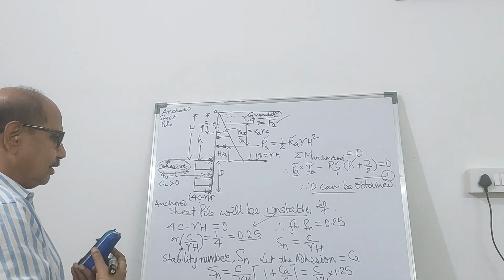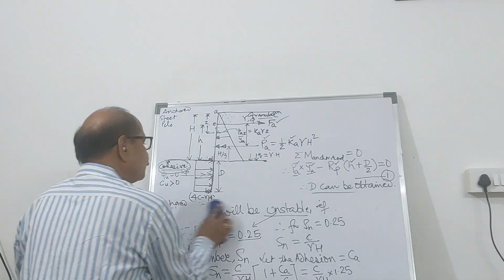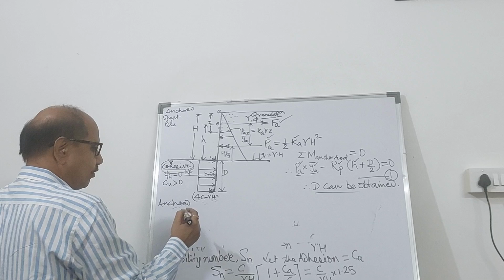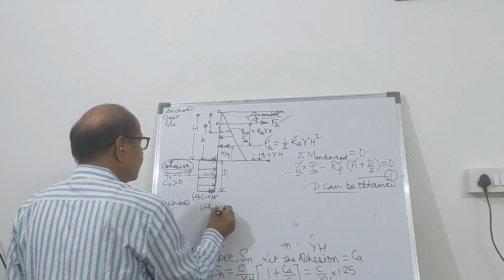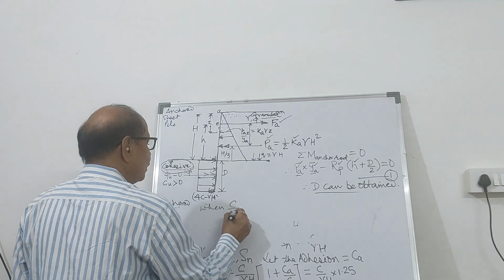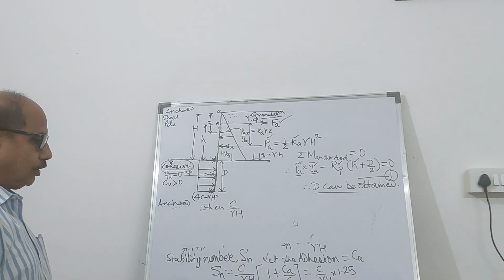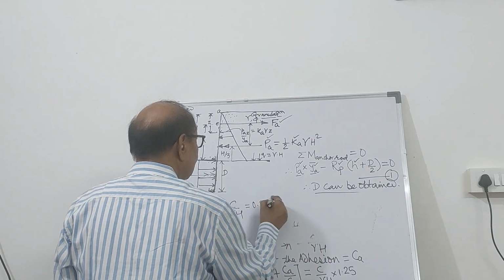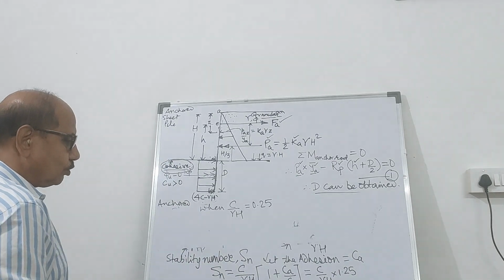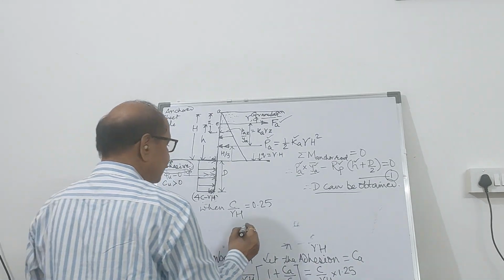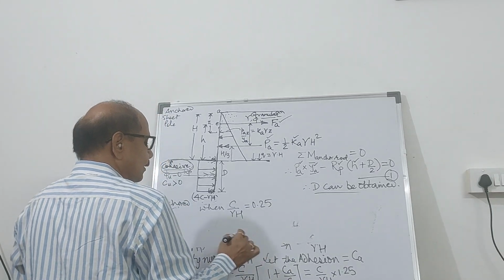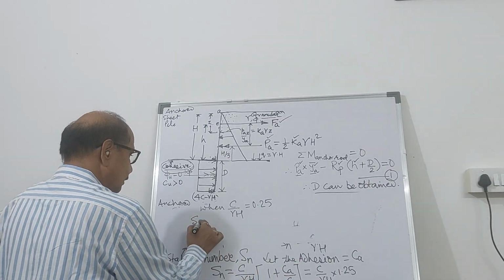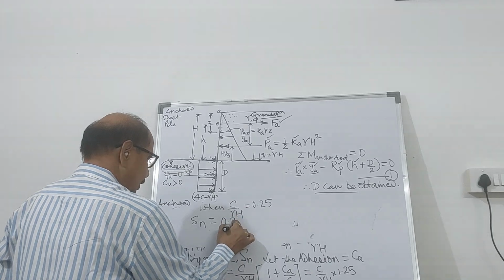So you can say that when C upon gamma h equals 0.25, or the stability number is going to be 0.25, then this value Sn equal to 0.3, it is unstable.